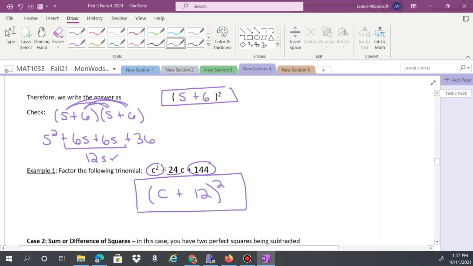Was that a plus or a minus, actually? If it were minus, it would just be minus 12. So if it were C squared minus 24C plus 144, it would just be C minus 12. Negative 12 minus 12, negative 24, negative 12 times negative 12, positive 144.